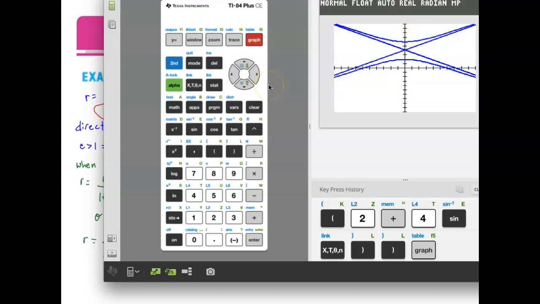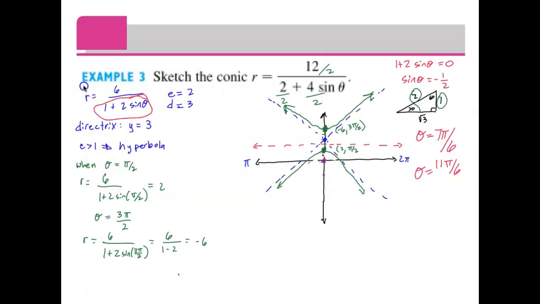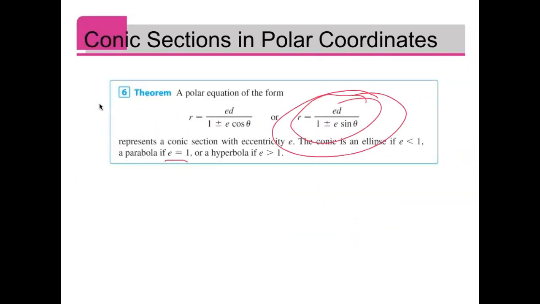All right. Last one. One nice thing about conics in polar form is that they're much easier to deal with because all conics basically have the same general form of the equation, which is r equals ed over 1 plus or minus sine or cosine theta.